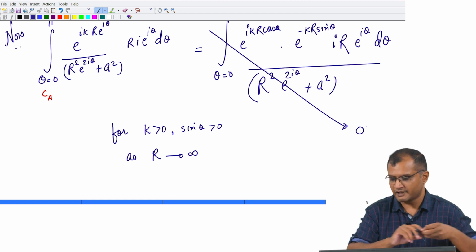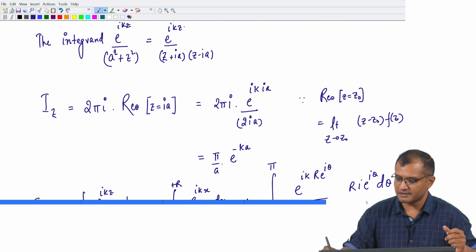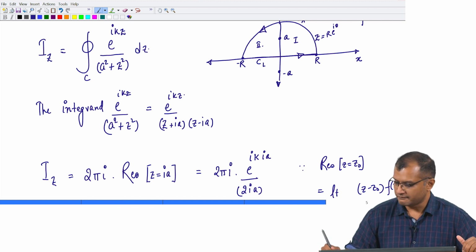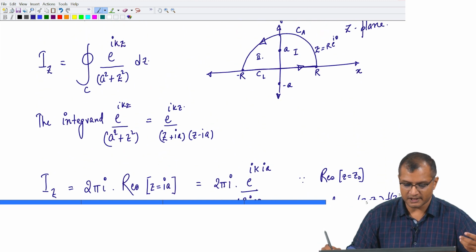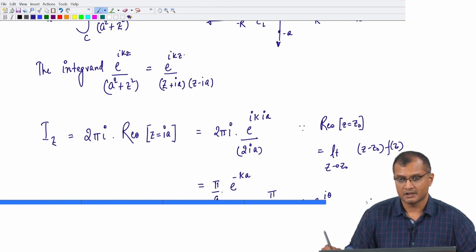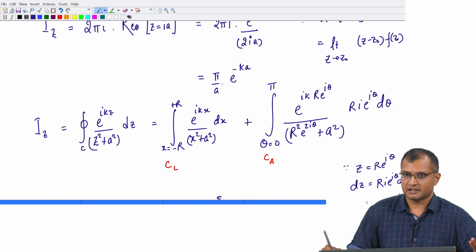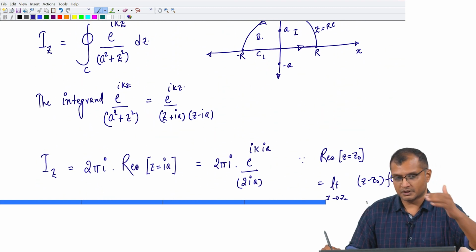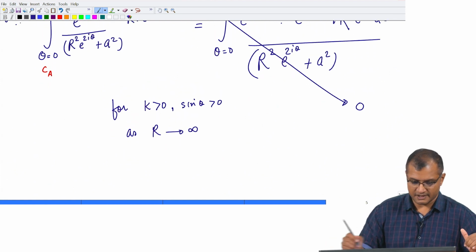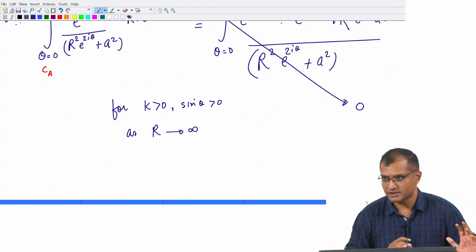And so, if I take a bigger circle and even a bigger circle, eventually if I take my semicircle at infinity, my function remains analytic, e raised to i k z remains analytic, because that is going towards 0. But its integral on the contour on the arc becomes 0, which means I can say that the residue does not change, the residue is unmoved.